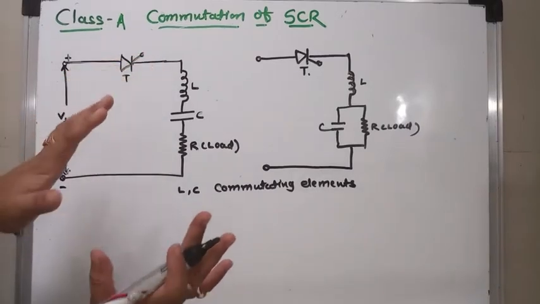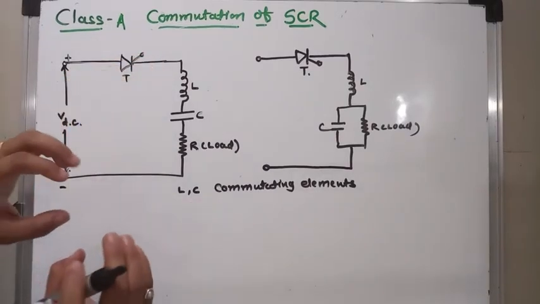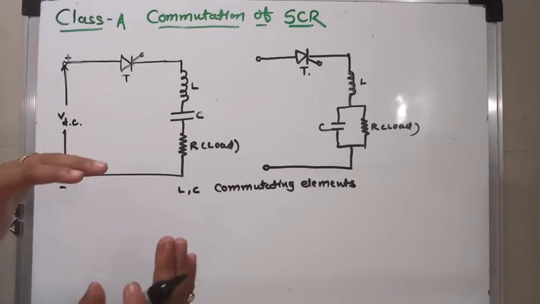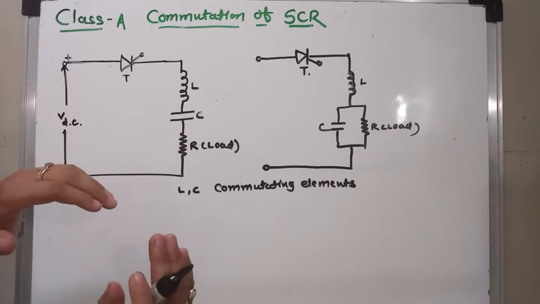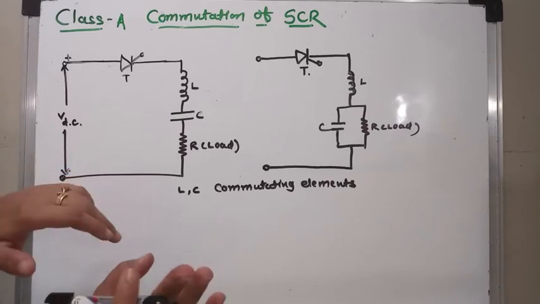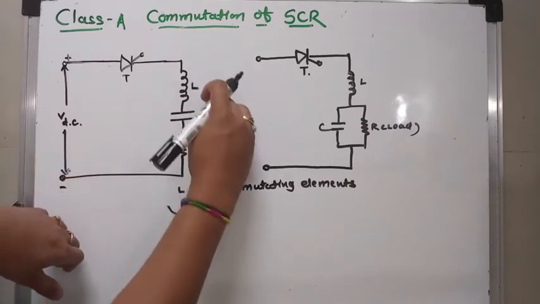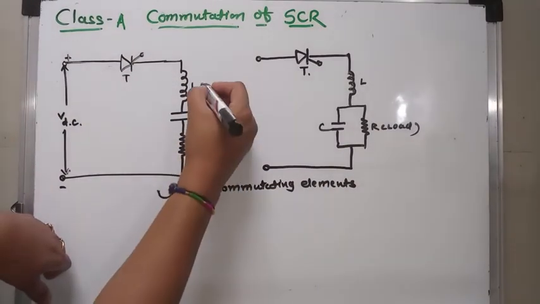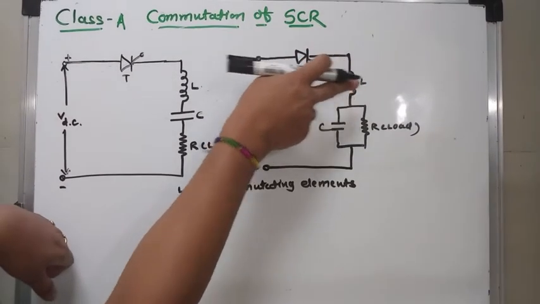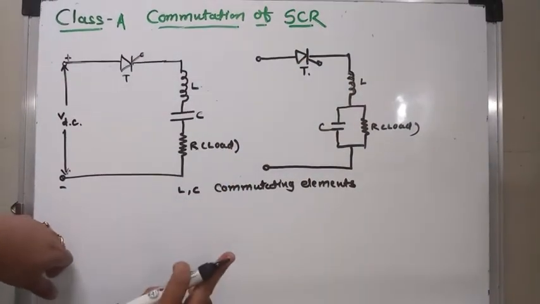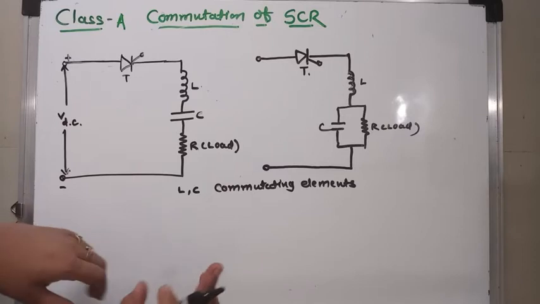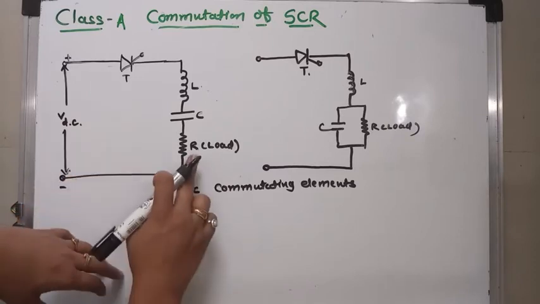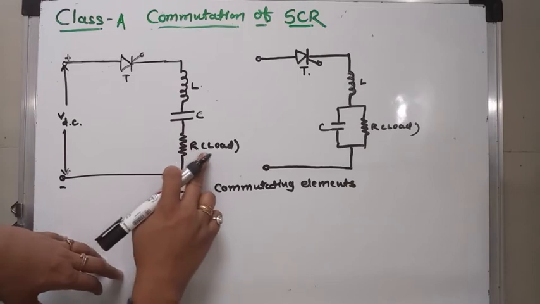Means in forced commutation, the thyristor is forced to turn off by using the commutating elements, and basically two elements are used, the inductor and the capacitor. Here also L and C are the commutating elements, which are used to commutate or turn off the thyristor, whereas R is the load.